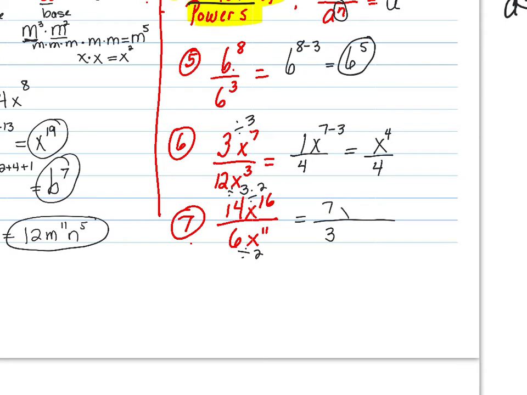And we're going to take x to the 16 minus 11. So what should my final answer be? Maria? 7x to the 5th over 3. There it is. Should I make that a mixed number?